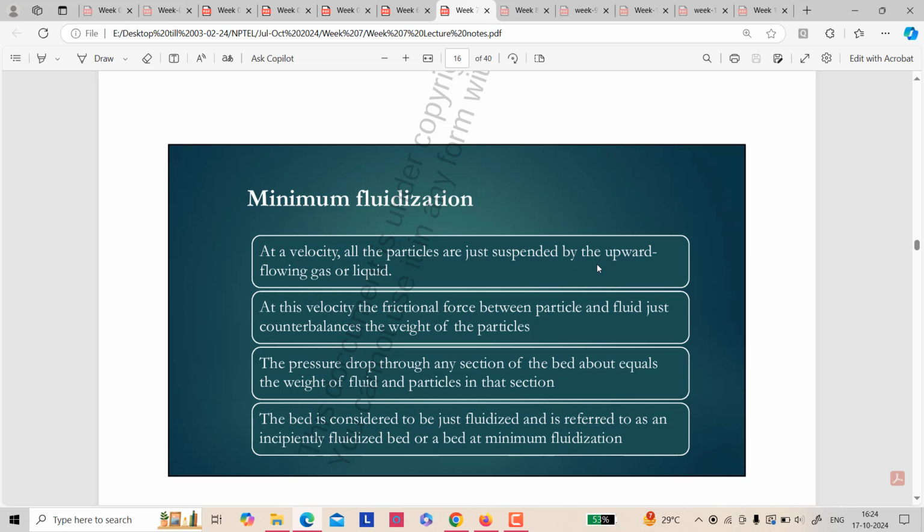The frictional force between particle and fluid just counterbalances the weight of the particle. The pressure drop through any section of the bed about equals the weight of fluid and particles in that section. The bed is considered to be just fluidized and is referred to as an incipiently fluidized bed or bed at minimum fluidization.